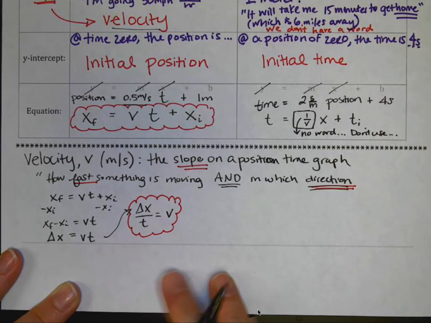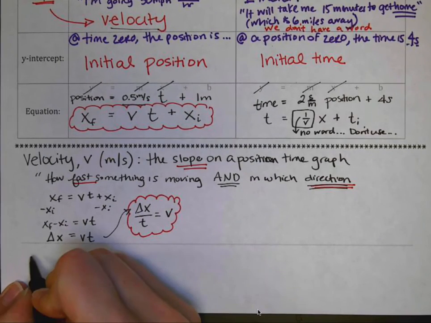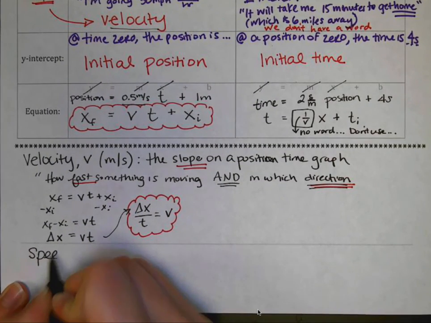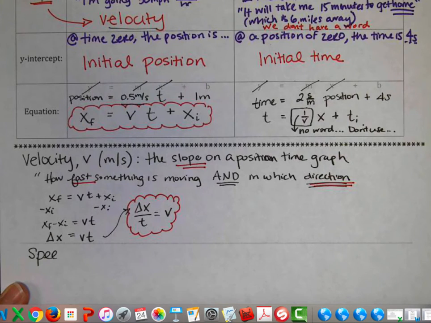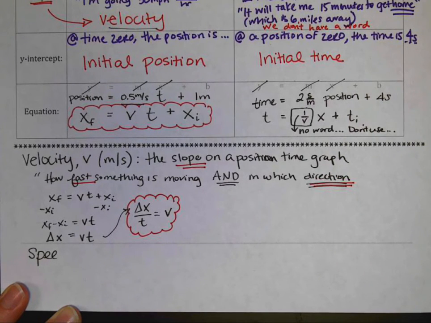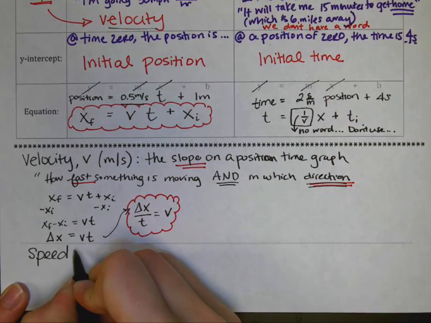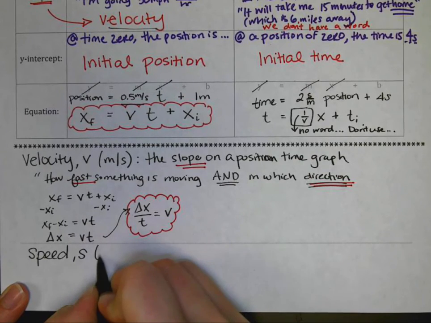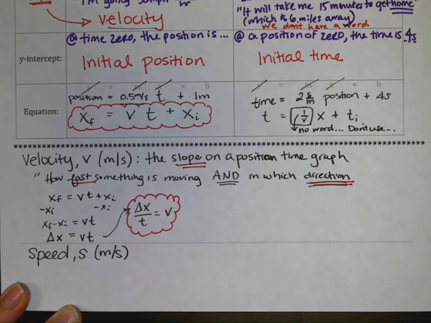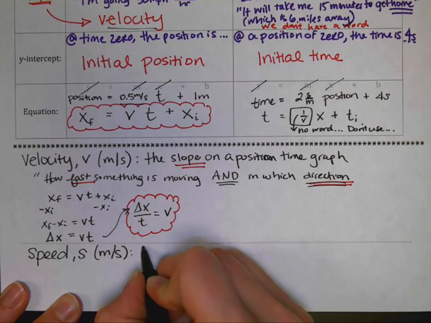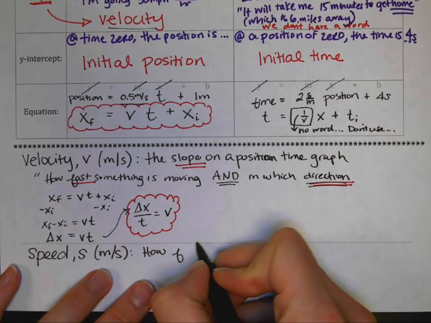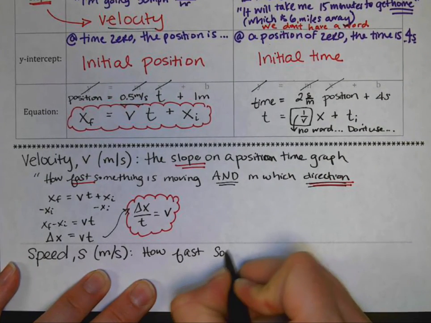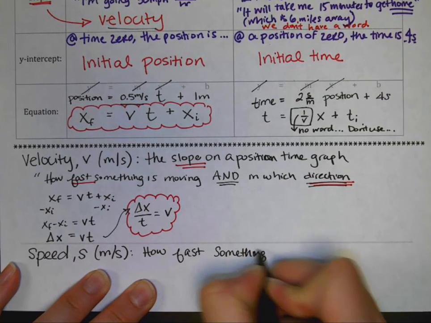The term that you're probably used to using or interchanging with this is speed. And speed, we use S to abbreviate for. It's still in meters for every second for units, but this one is just simply how fast something travels.